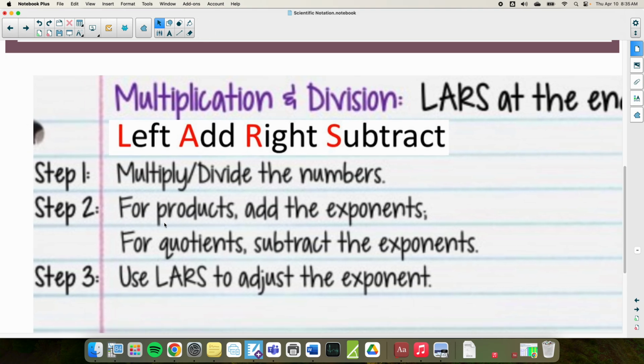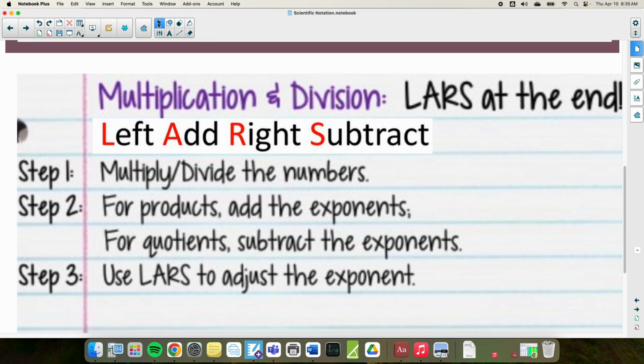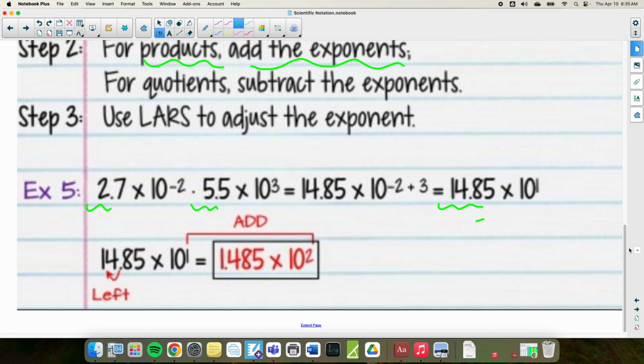When we're multiplying, we add the exponents. So down here, we're multiplying, so we'd go 10 to the negative second plus 3. So now we would have a number that's 14.85 times 10, and when we add these together, it's to the first power.